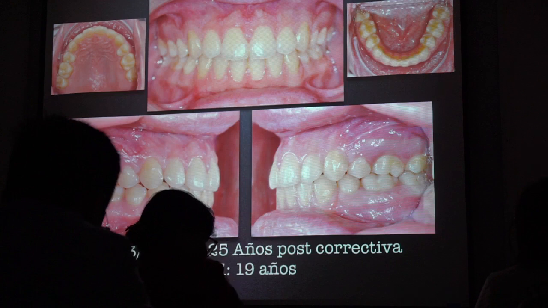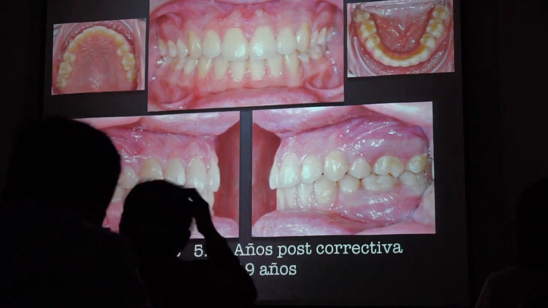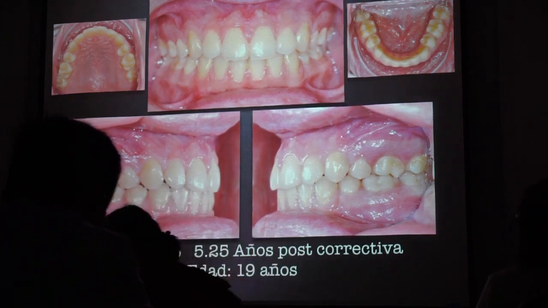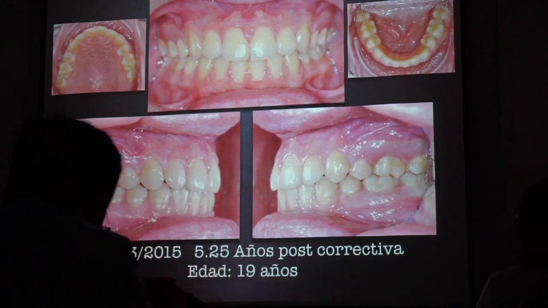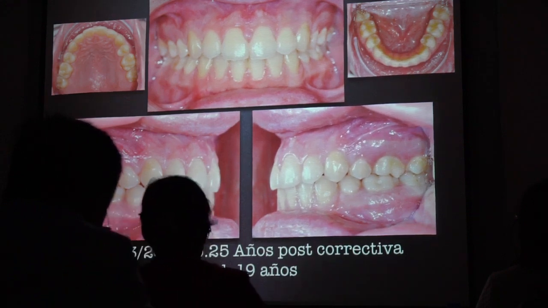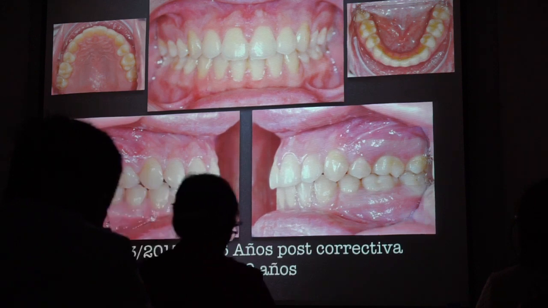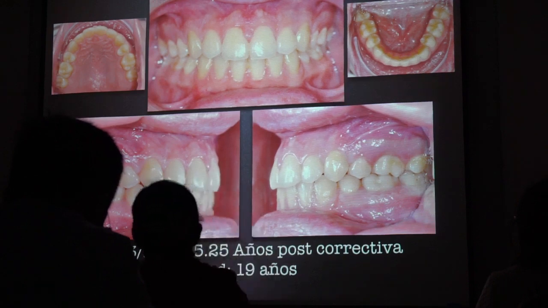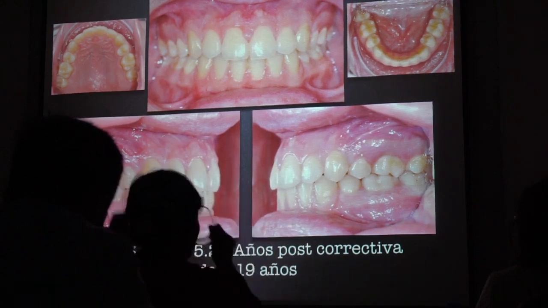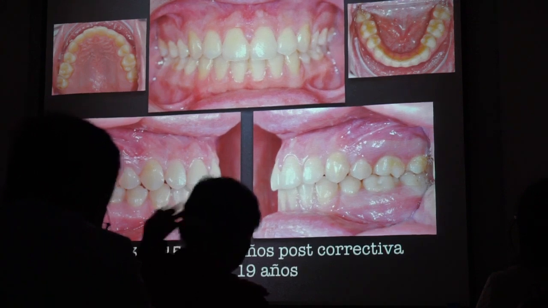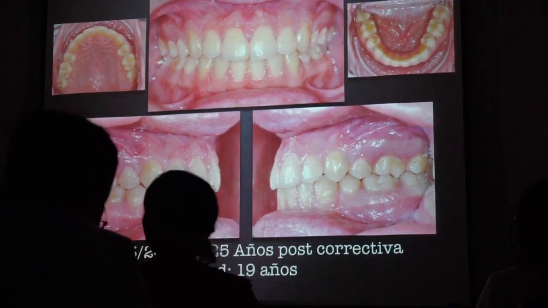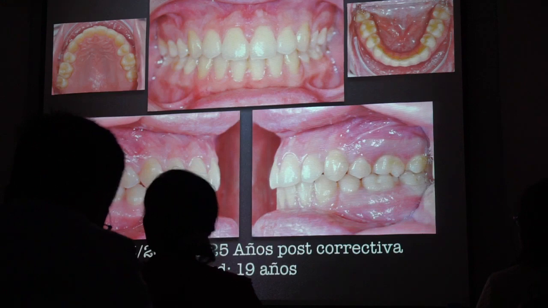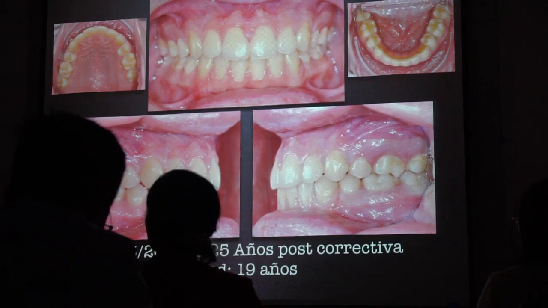And when I see a discrepancy of near 10 millimeters or more, I think this is not going to fit, even if I expand, and it's not going to look well if I elongate. So in those cases, I like to decide serial extraction because I have found that the periodontal tissue, the bone, and the occlusal characteristics at the end are better.